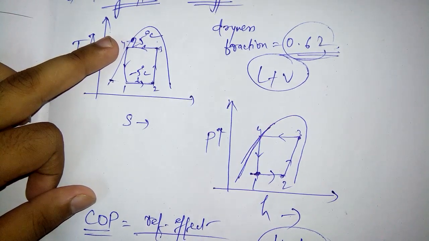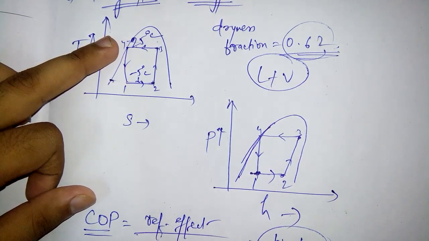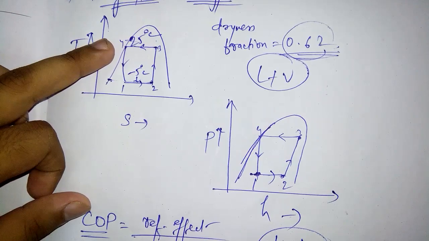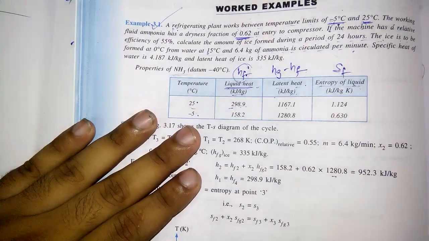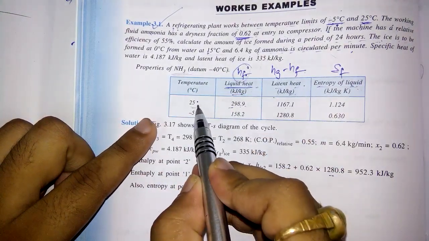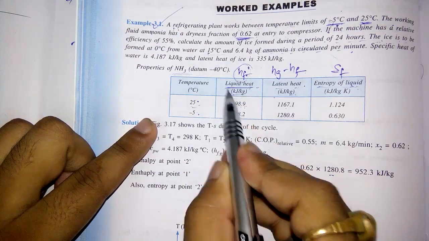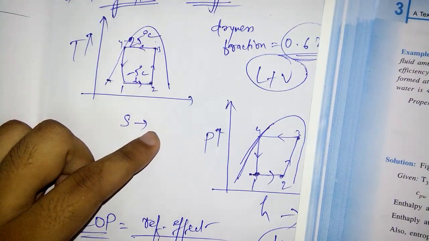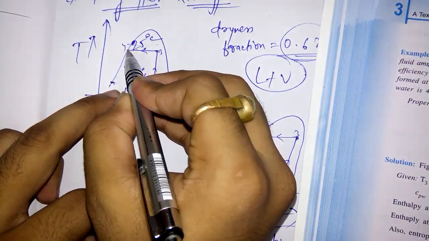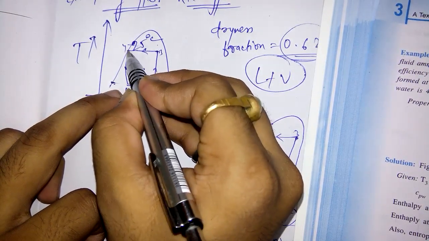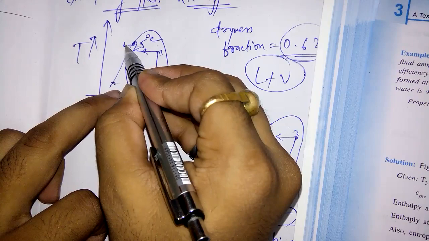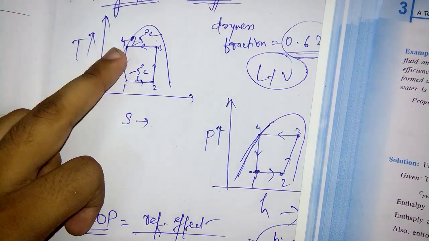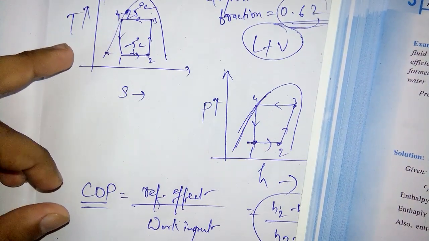It is 298.9 kilojoule per kg. Once more I am showing you: this is 25 degrees Celsius, liquid heat, that is hf. hf at 25 degrees Celsius, liquid heat. That means hf is this point, there H4.